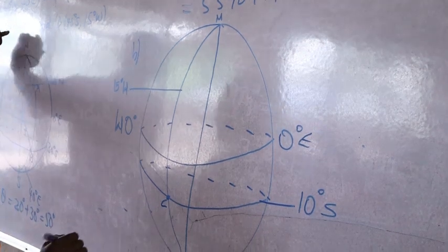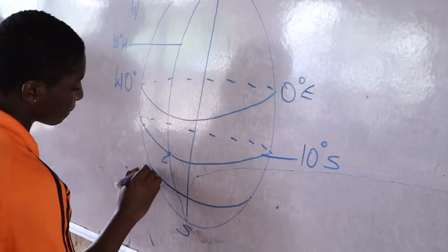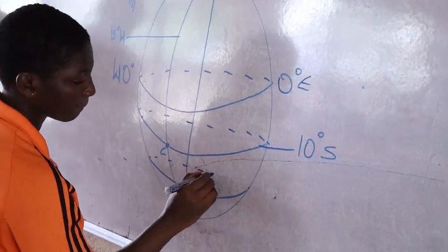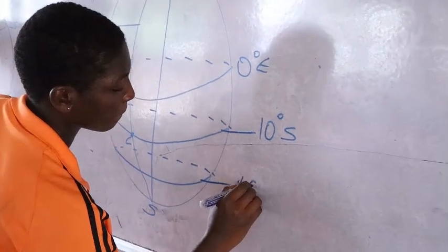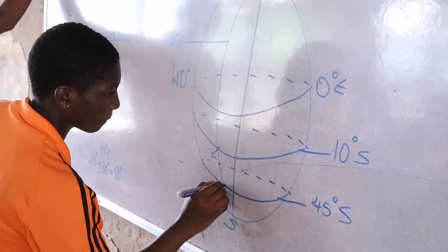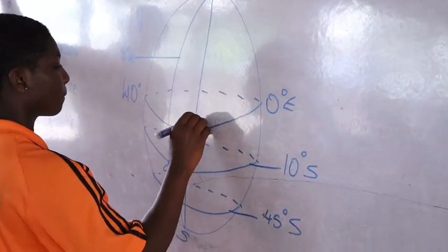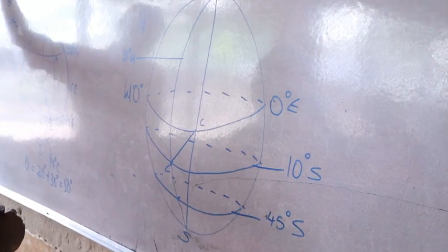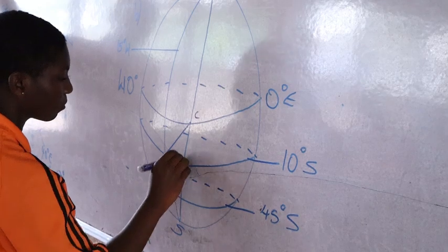Okay, 45 degrees south. You didn't label your points. The second point, you only have C there. Okay, that's D, okay.